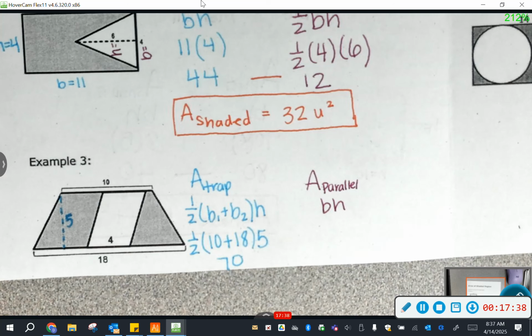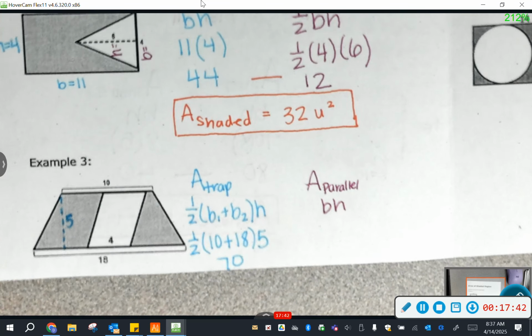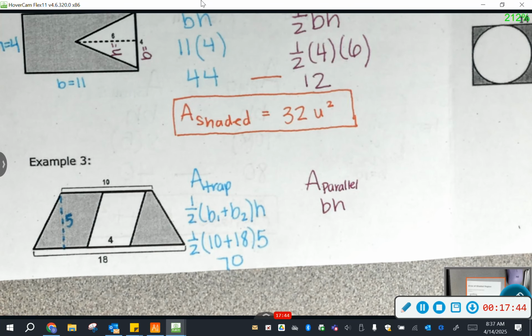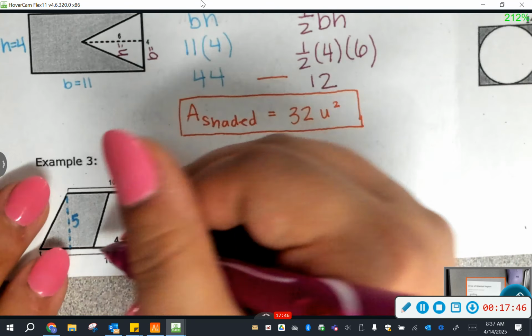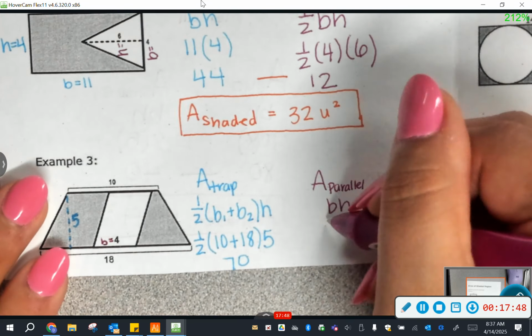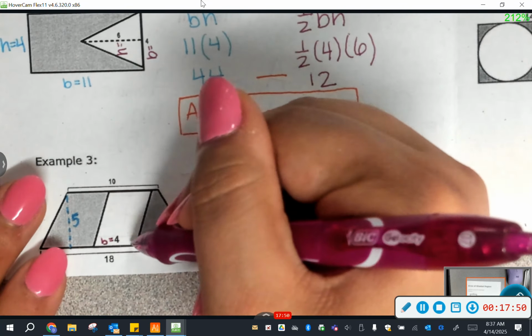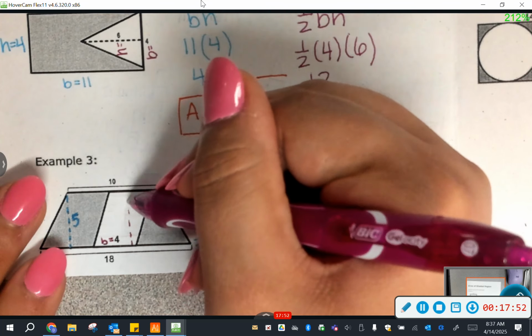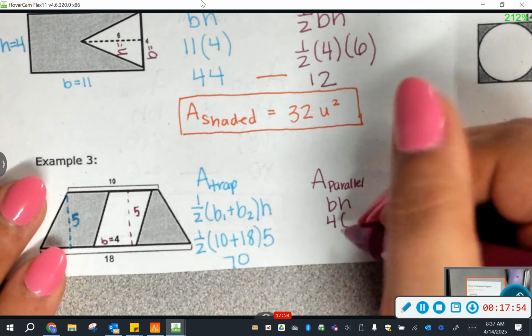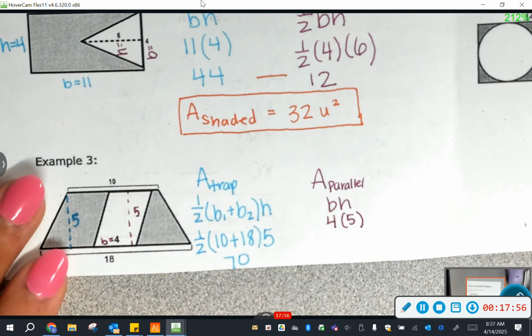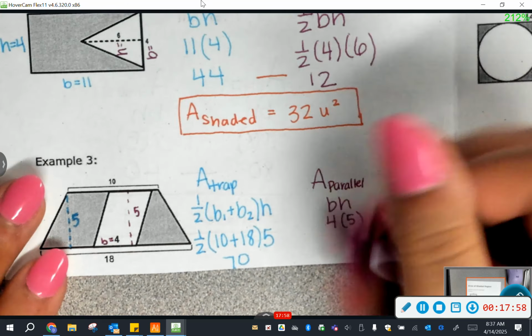Yep. Remember, parallelogram, square, and rectangle are all BH. What's the base of this? 4. What's the height of this parallelogram going to be? It's also going to be 5. And 4 times 5 is 20.